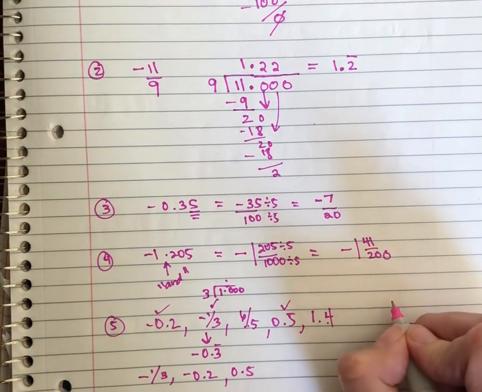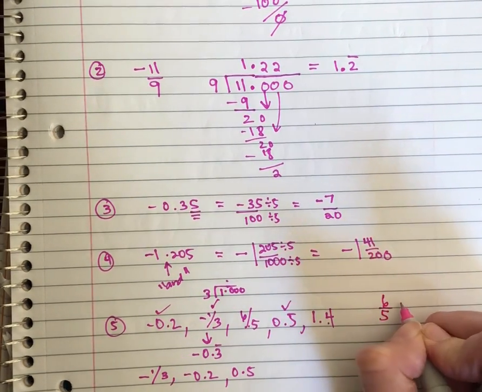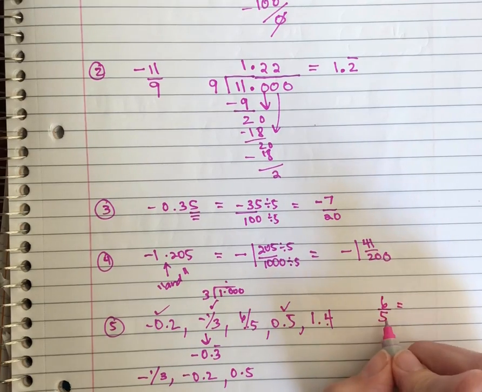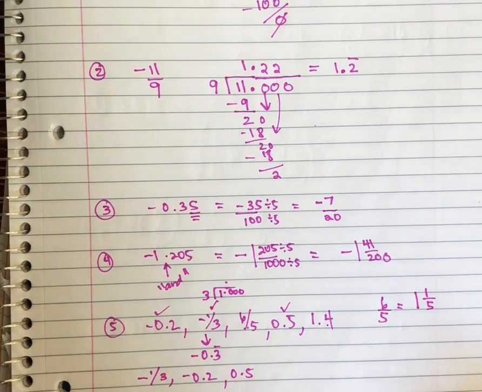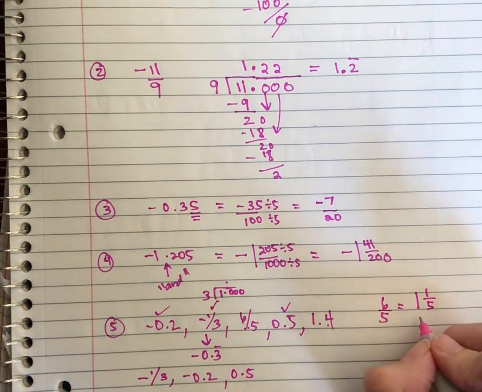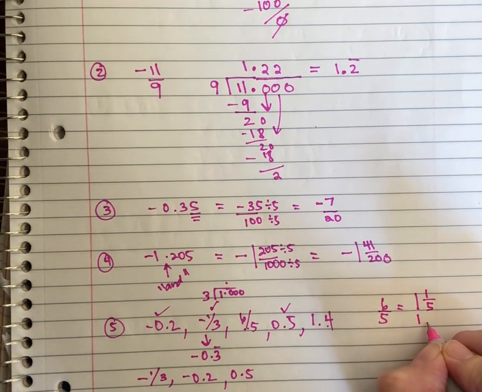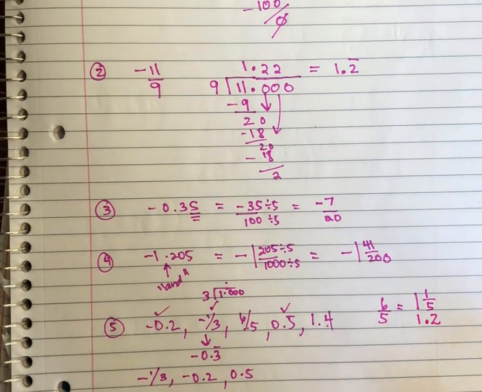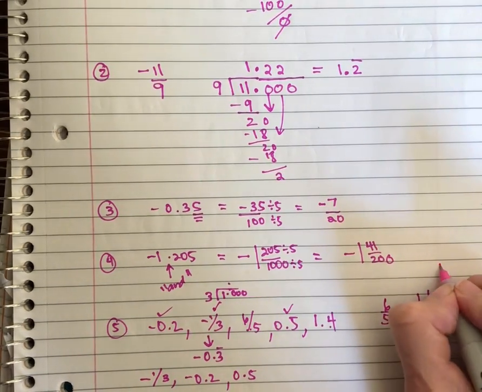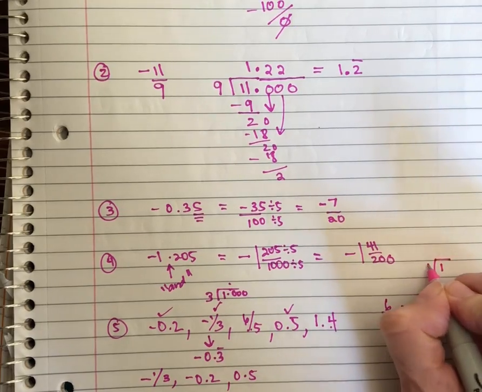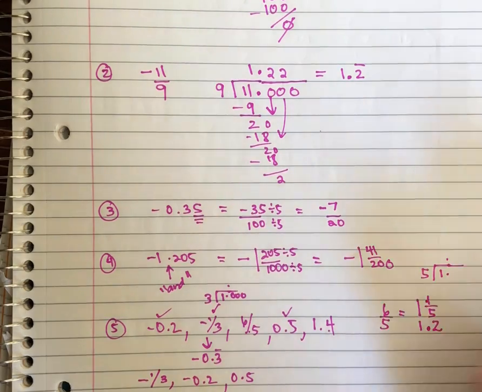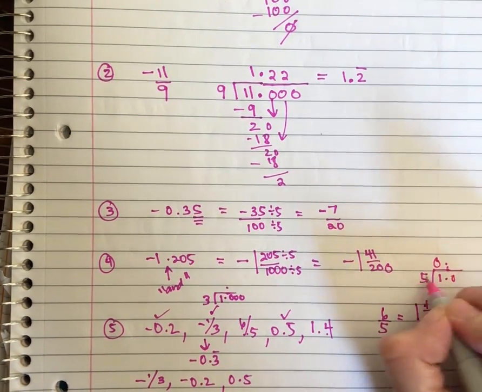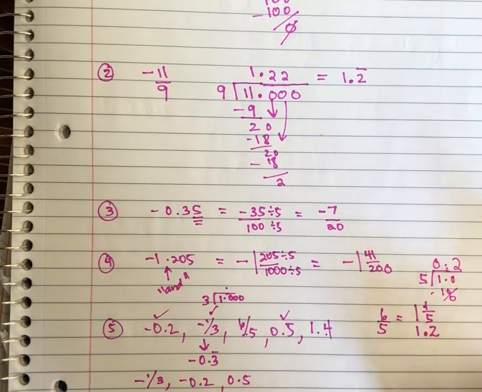So if we take our 6/5 and we change it into a mixed number first, 5 goes into 6 once, with 1/5 left over. A lot of us already know that 1/5 is equivalent to 2/10. If you didn't know that, take your 1/5, turn it into a decimal by, again, dividing the numerator by the denominator. 5 doesn't go into 1, 5 goes into 10 twice evenly.